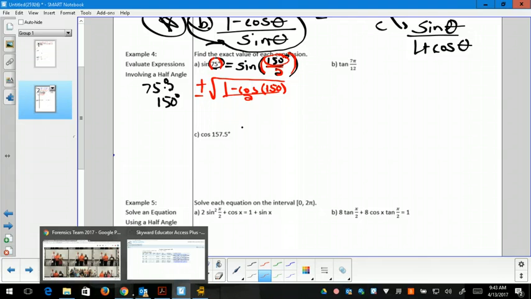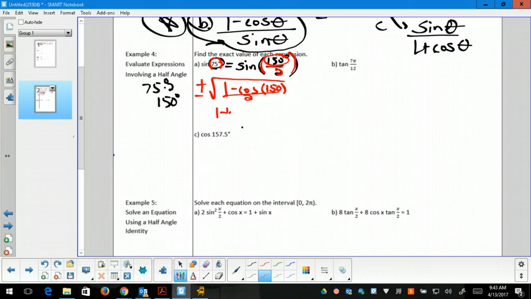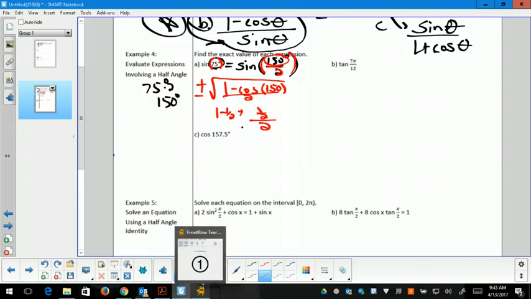What happens is that cosine of 150 is actually 1/2. So this becomes 1 minus 1/2, which is 1/2 over 2. What do I do with that? Multiply by 1/2 to clear that denominator of the 2.